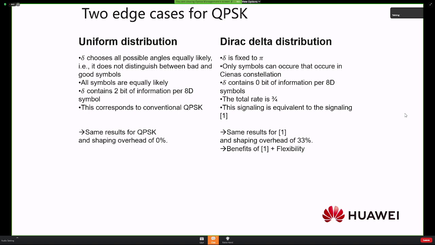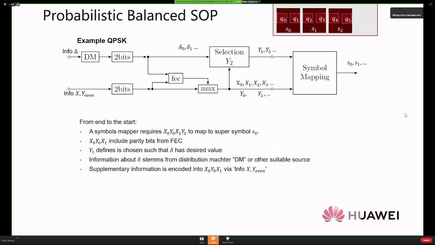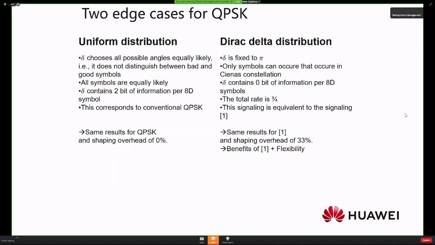Something useful to check is what happens at the edge cases. Imagine that here, for example, I choose a uniform distribution. Then what we obtain in the end is that we're back to QPSK. We have no shaping overhead attached, so that is fine.